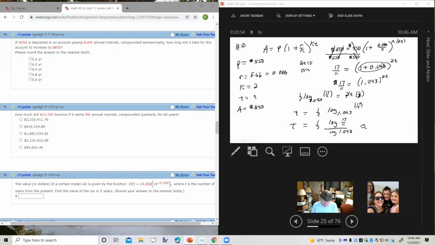So on my calculator, parentheses, 1 divided by 2, close parentheses. And then the log of 17 divided by 11, close that up, divided by the log of 1.043, close that up. 5.16990, etc. And it says to the nearest tenth, the 6 would round up, so 5.2 years should be the correct answer.